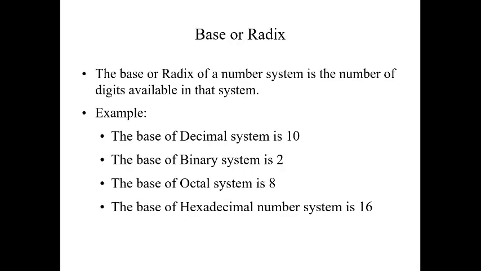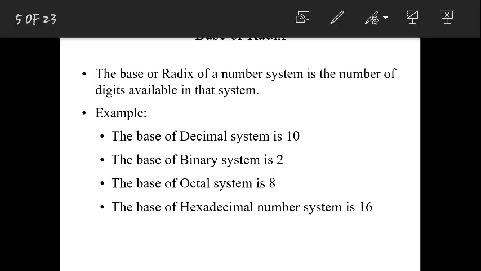As we discussed, decimal, binary, octal and hexa. The base or radix of a number system is the number of digits available in that system. Whatever number we write, we write it to that base.